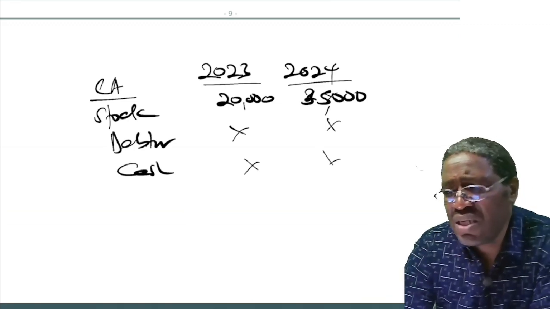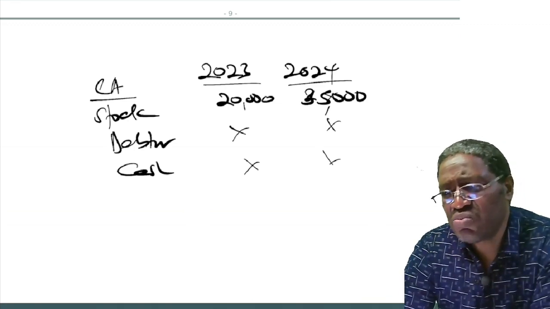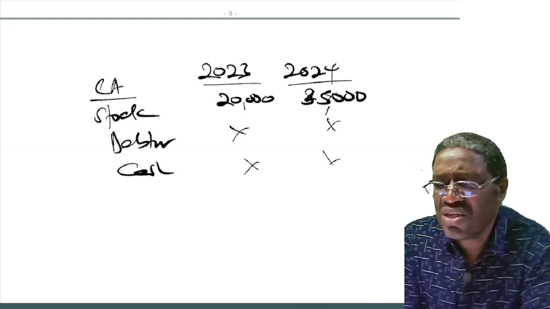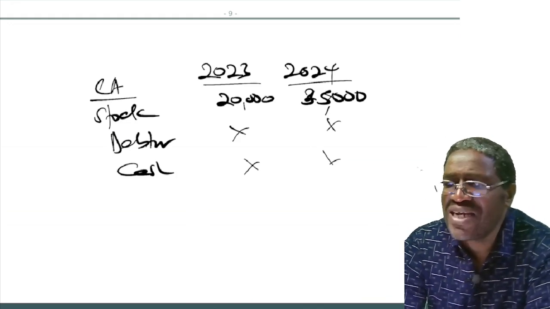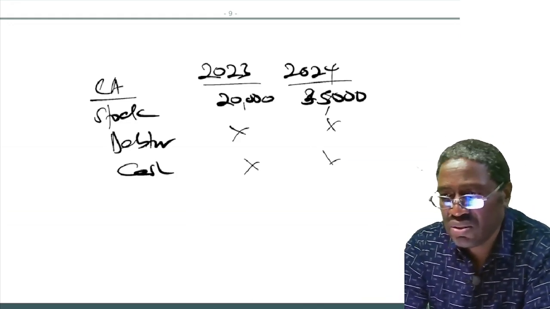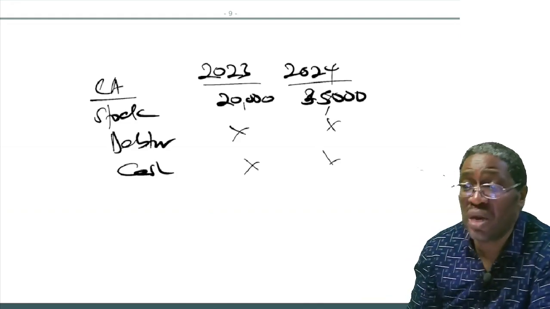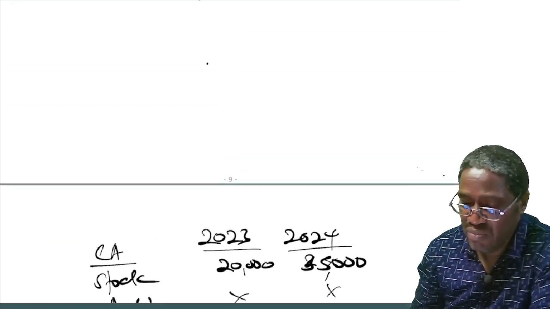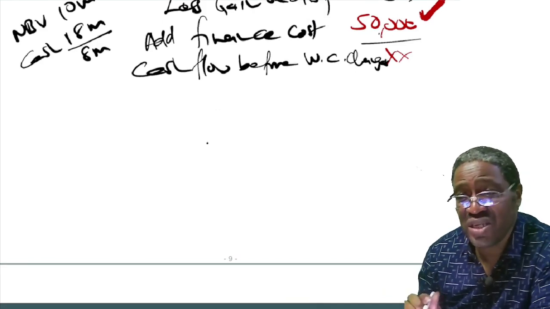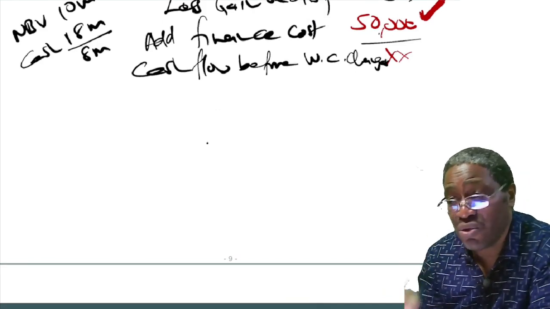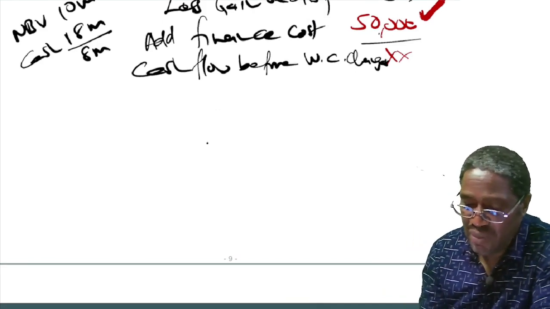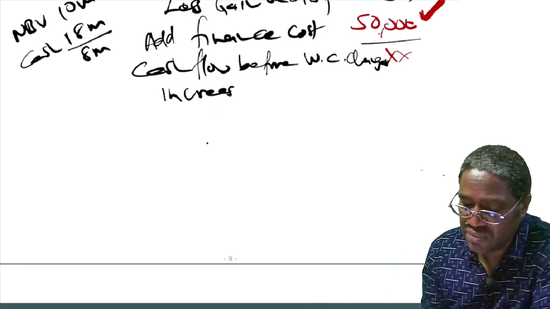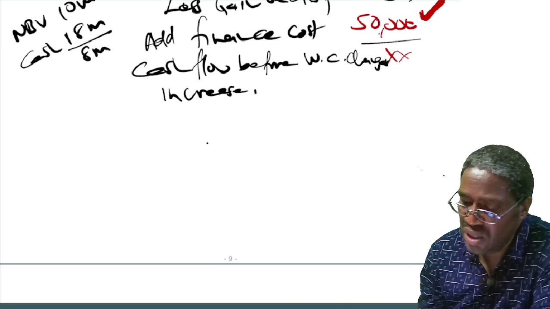So you come and say, last year the stocks being 20, this year the stocks are 35. There was an increase in stocks. That's a change in the working capital items. Come back to your cash flow. I've said this is cash flow before working capital changes. You come and now say your increase in stocks.